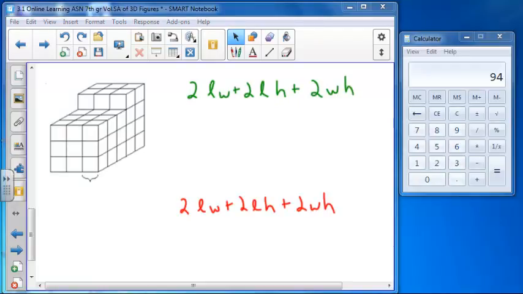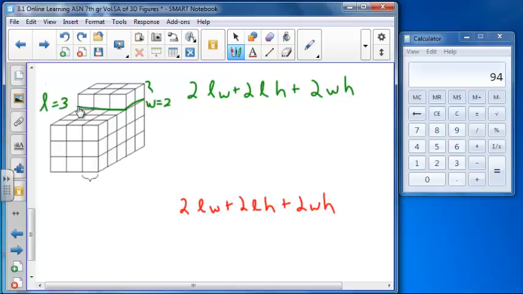Question number 3. Find the volume of the rectangular prism. This is such an interesting problem. The length is 5, the width is 5, and the height is 5.